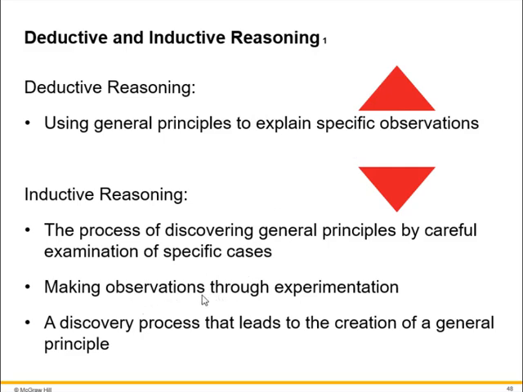So you make observations through experimentation, and then that leads to a general principle that is like your theory or a law if it's been supported by lots of different people and lots of different observations. So here's another way to look at that.